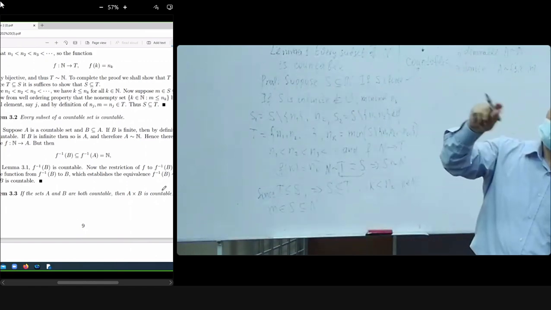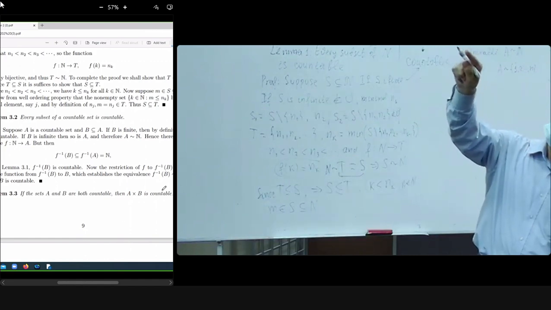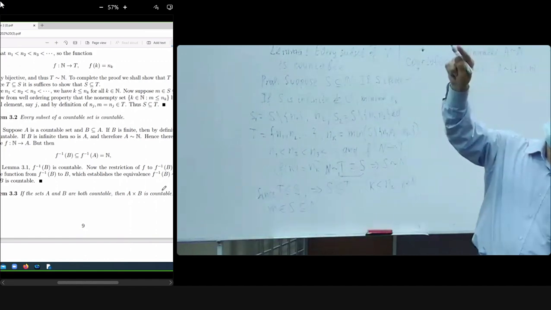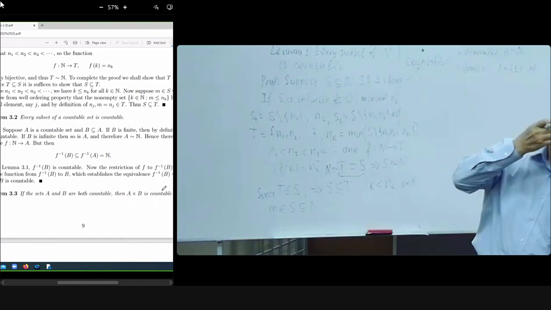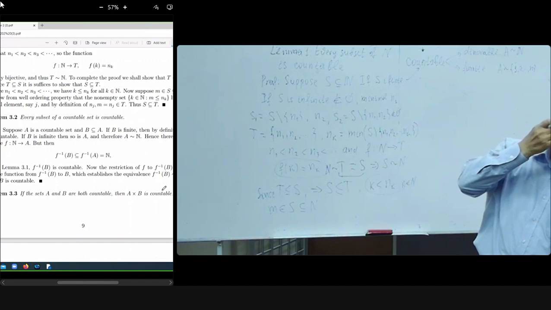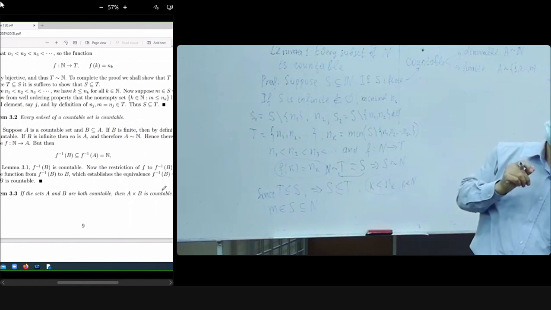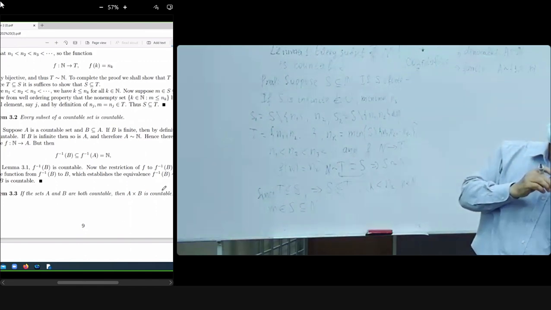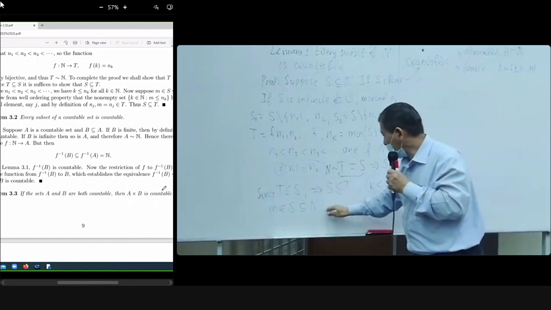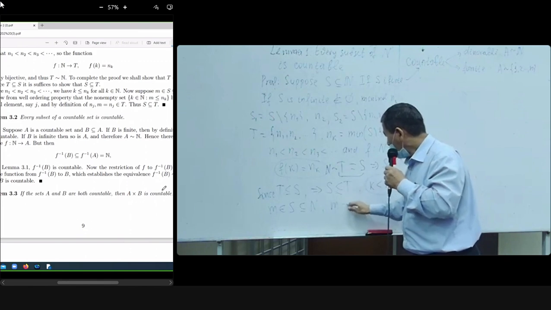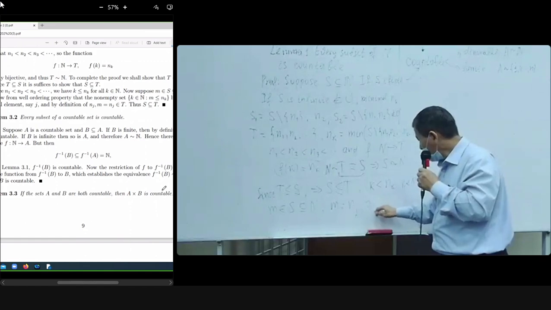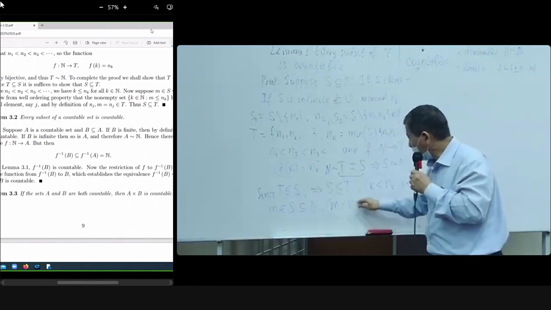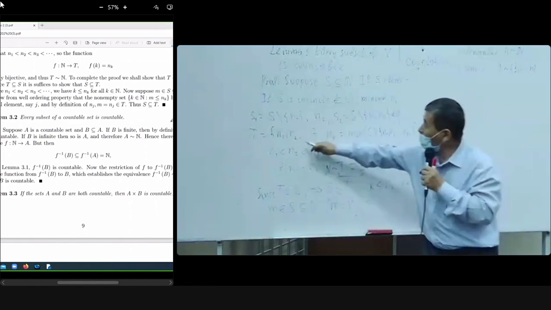So after that, what can we say? We know the well-ordering property, that a non-empty subset has a minimal element, and by definition M equals Nj. So for this element M there is a J such that M is equal to one of the Nj.